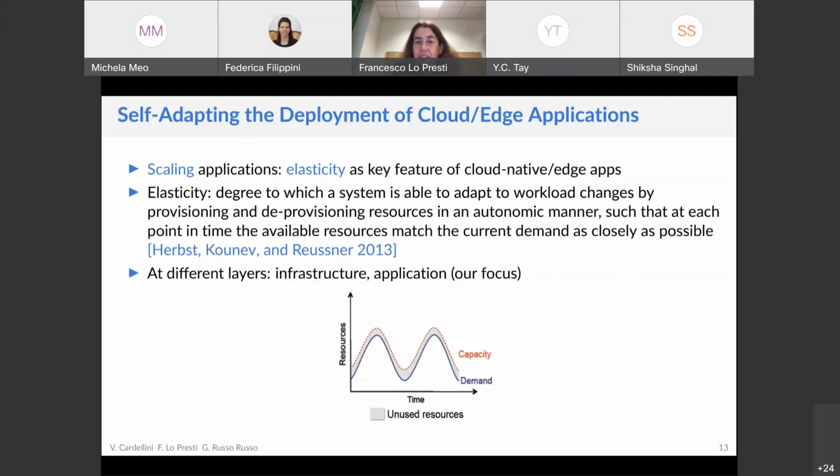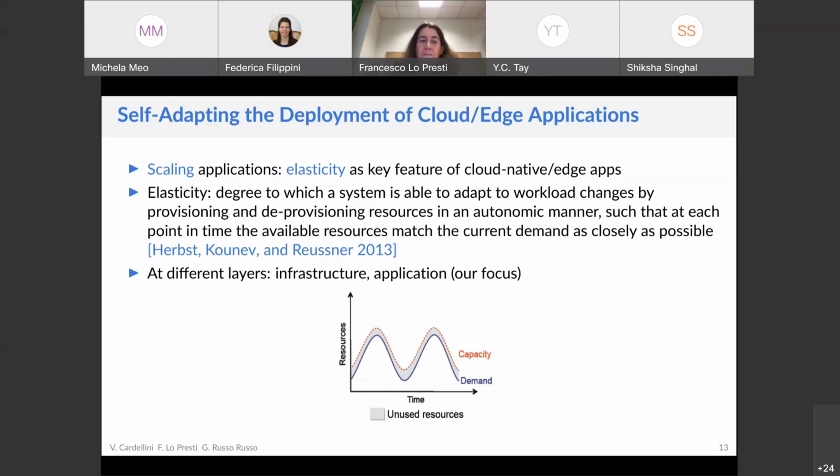Elasticity is a key feature of cloud native and edge applications, and the idea is to adapt to workload changes by provisioning resources in an autonomous manner without having interaction with the user or the administrator of the application.